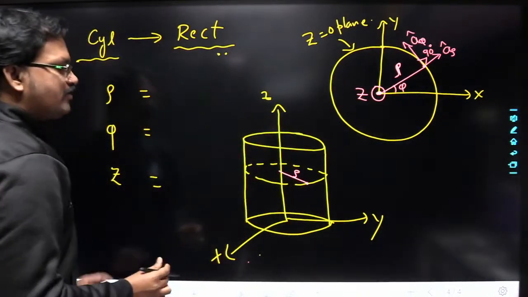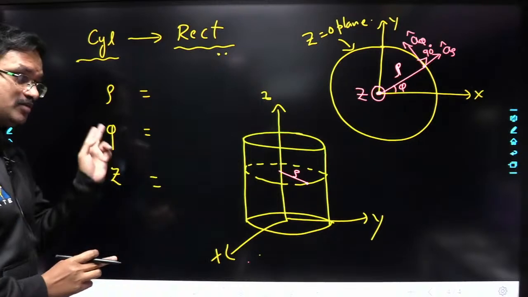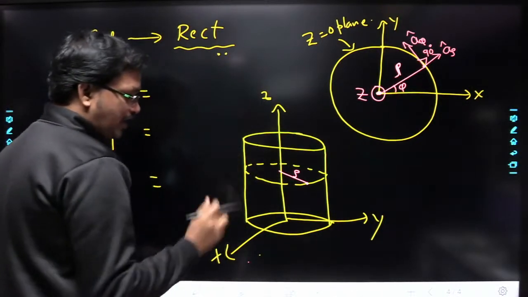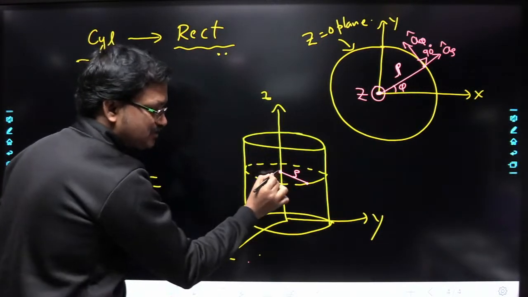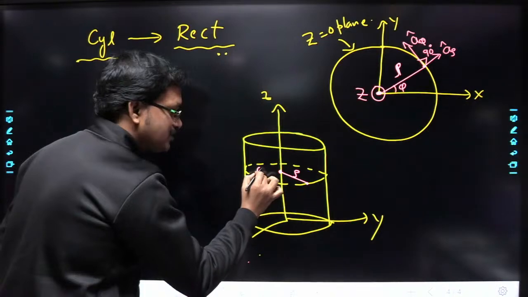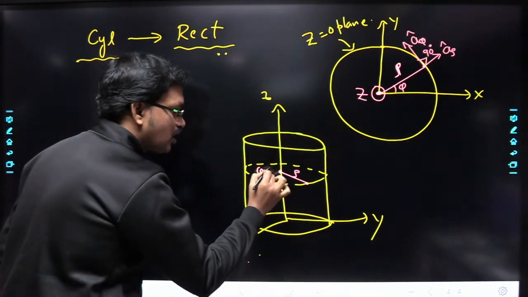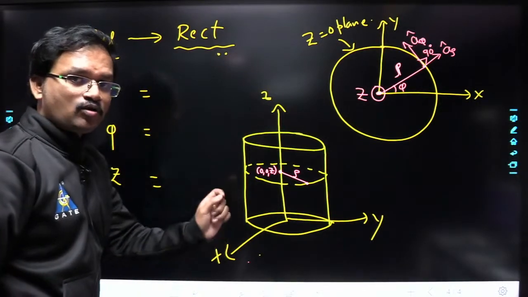Now I want to represent this rho in terms of rectangular coordinates. So see, this point is lying along the z axis. So I am representing this point as 0, 0, z. Yes or no? 0, 0, z in rectangular coordinates.